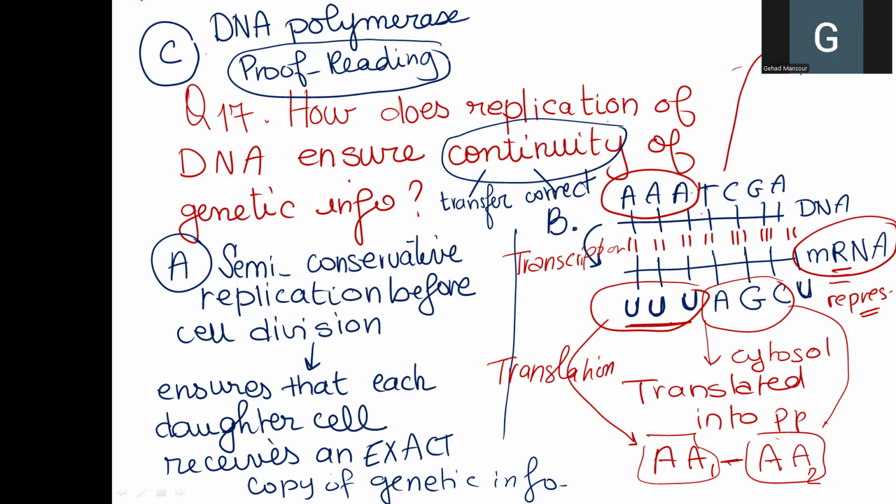If there is an error in the new sequence, then there will be excision. This error is detected by DNA polymerase, and then excision occurs, cutting this error by endonucleases and exonucleases, and then DNA polymerase puts the correct sequence.